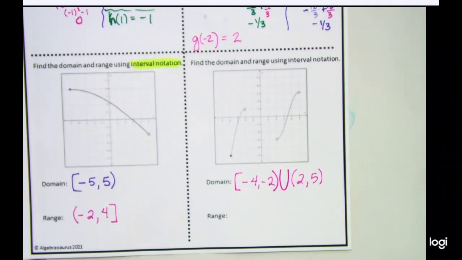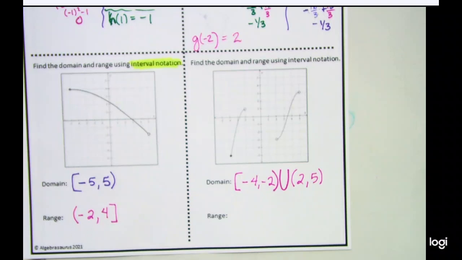So look what happens. I've got some overlap, don't I? For sure I have some overlap. So my range only has how many pieces? That's just one long piece because of my overlap. If you do the range of each piece separately, you will get it wrong if there's overlap. So that's kind of why I like to demonstrate that right there.